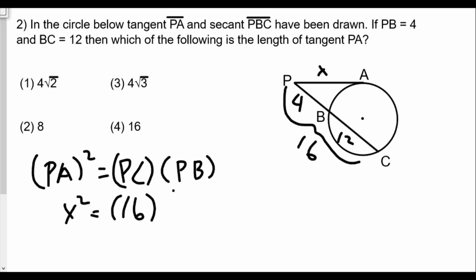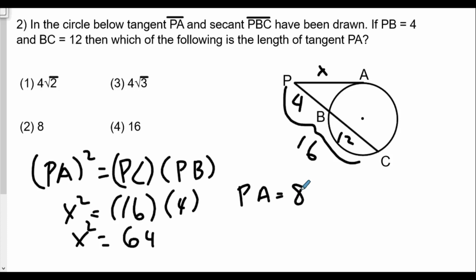And PB is 4, so x squared equals 16 times 4, which is 64. So PA, which is x, is equal to 8. Yes, it could be negative 8, but we're using positive values for measurements. Therefore, the answer for PA is 8.